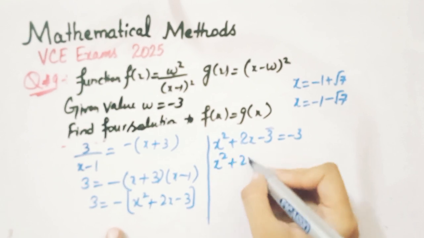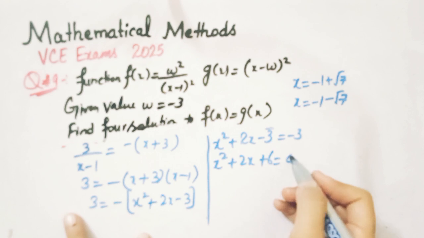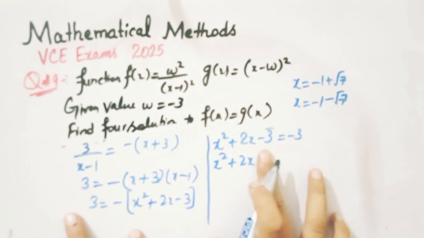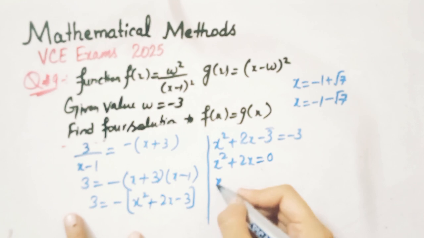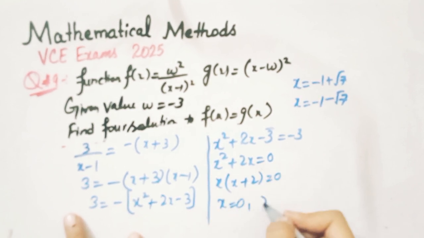Then this 3 will become minus and go to this side, so minus 3 plus 3 is cancelled out. Taking x common, x into (x plus 2) equals 0, so x is 0 and x is minus 2. This is the solution.